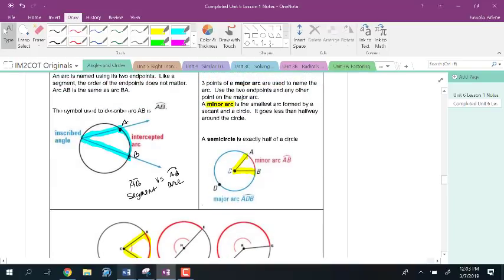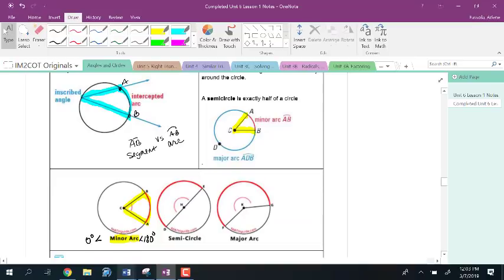And then we have a major arc, which would be anything that was greater than 180, but of course, less than or equal to 360, which would be the whole circle.